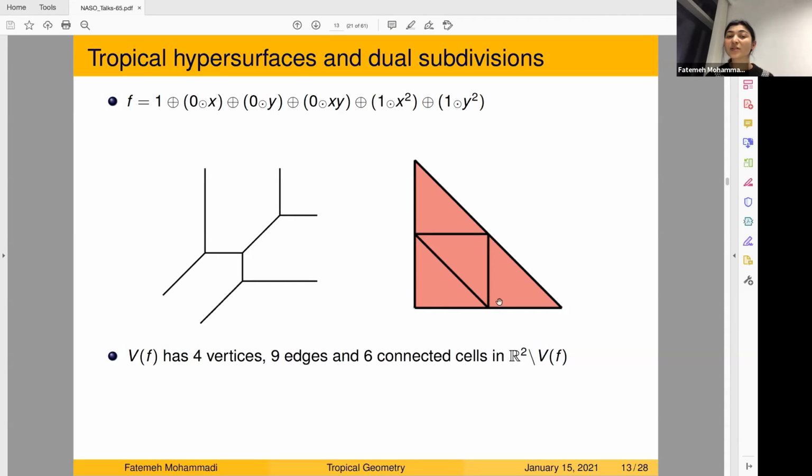So in this picture, my polynomial is of degree 2, and the corresponding polytope is 2 times this small triangle.